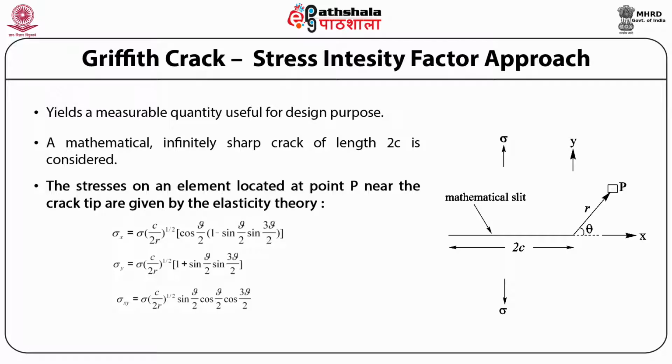Sigma y equals sigma multiplied by root of c by 2r multiplied by cos theta by 2 multiplied by 1 plus sin theta by 2 sin 3 theta by 2. Sigma xy equals sigma multiplied by root of c by 2r sin theta by 2 cos theta by 2 cos 3 theta by 2. Here sigma z equals 0 for plane stress and sigma z equals nu multiplied by sigma x plus sigma y for plane strain.